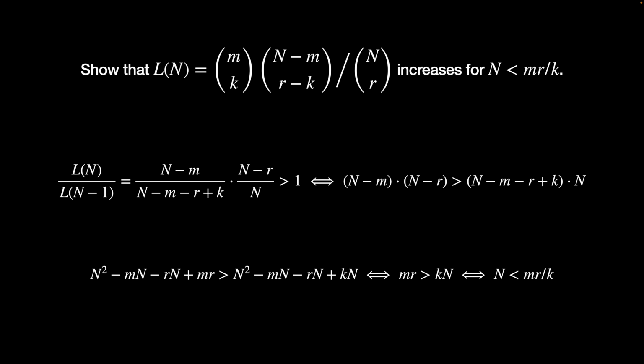And then you just cut those out. You add or subtract them from both sides. And then you're left with our final inequality here, where we just need n less than mr divided by k to prove that L of n is increasing. And then we're done.